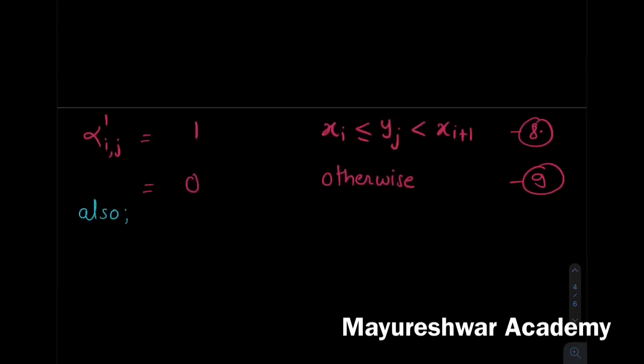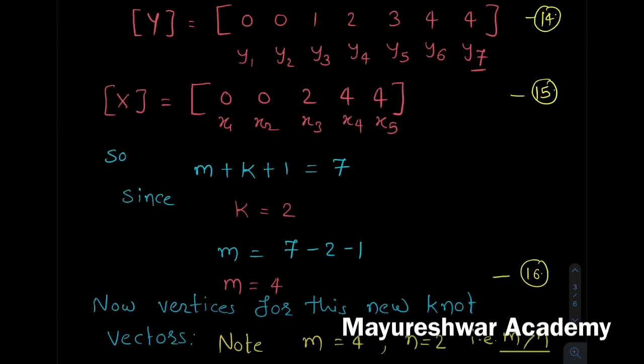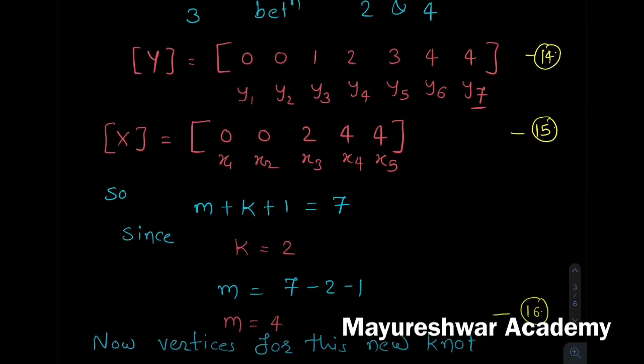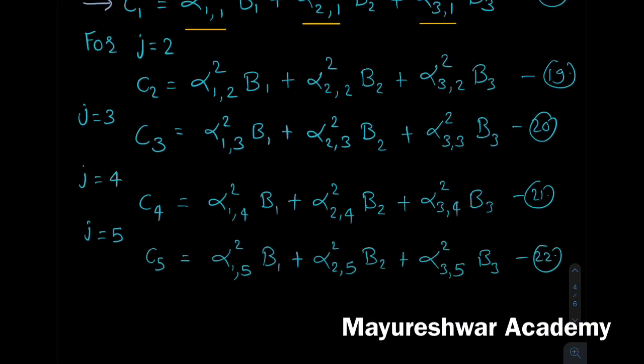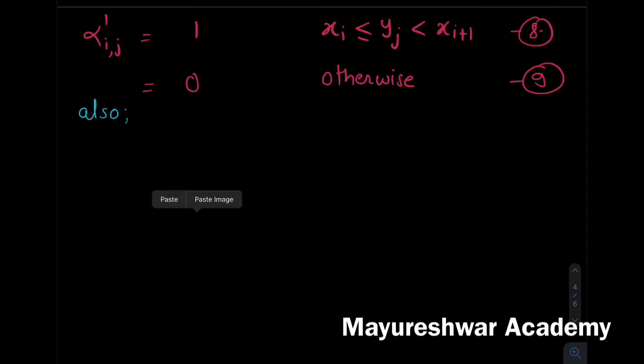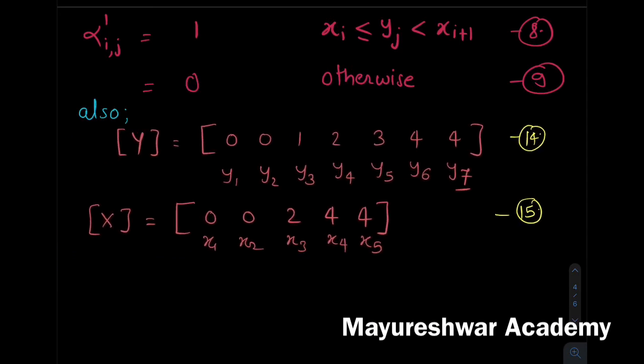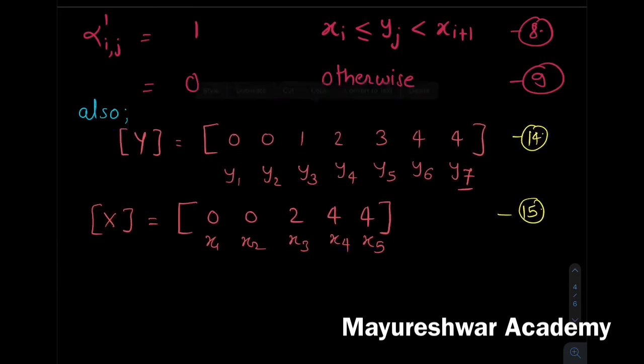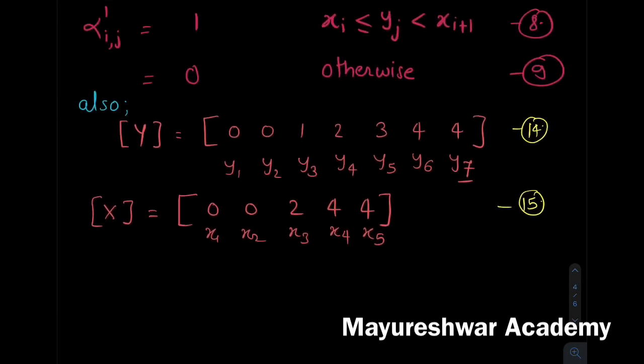Also we need to have the values of the knot vectors, which are equations 14 and 15. So let us copy them and put them below it, so we can simultaneously compare the values of i and j.